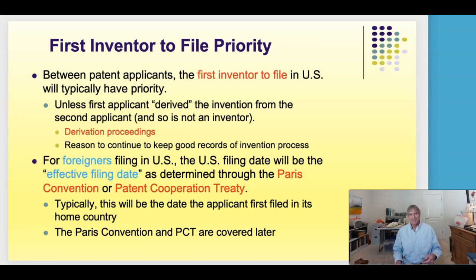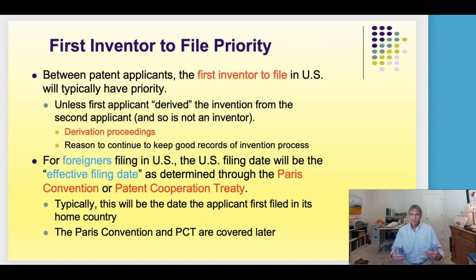This created all kinds of difficulties and weirdness with determining who should own the patent because it's hard to pin down the specific date that someone actually makes an invention. Fortunately, we don't need to get bogged down with this anymore. But understand that there is an invention process that begins with a detailed conception of its design and ends with a prototype where the idea is reduced to practice.